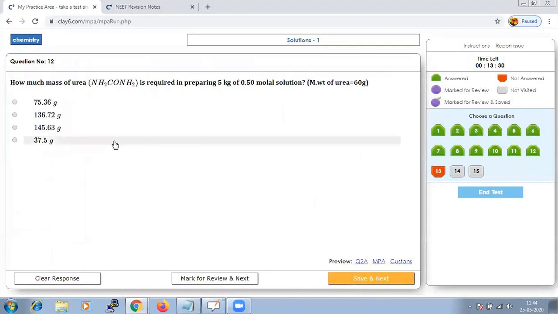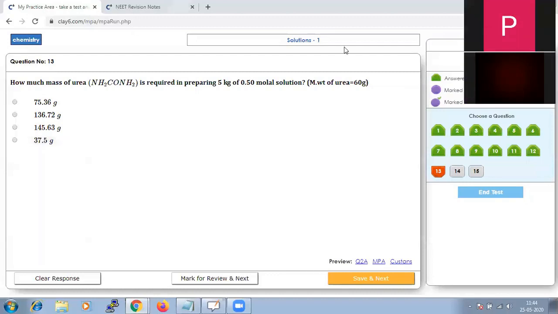How much mass of urea is required in preparing 5 kg of 0.50 molar solution? The first thing we have to calculate is the molar mass of urea.